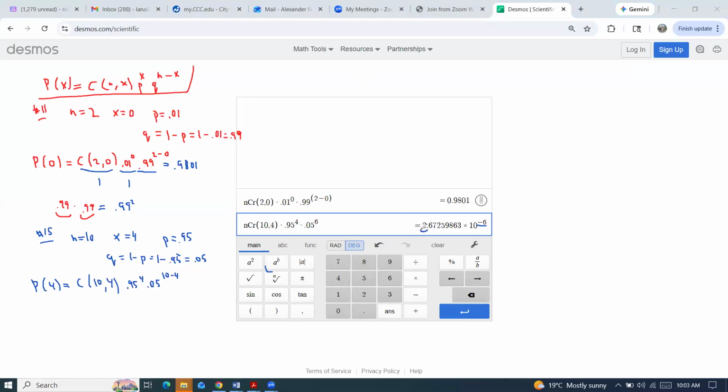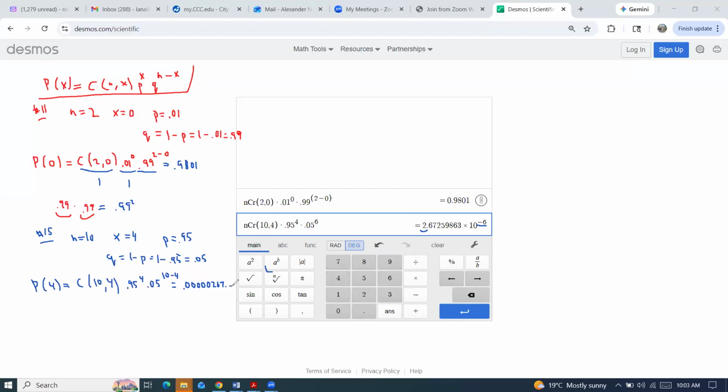So 1 place and then 5 more places. So 5 zeros will sit in front of that decimal. So I need to stick 5 zeros in front of the 267.